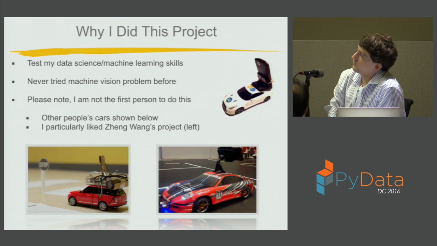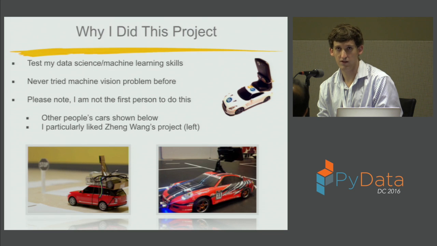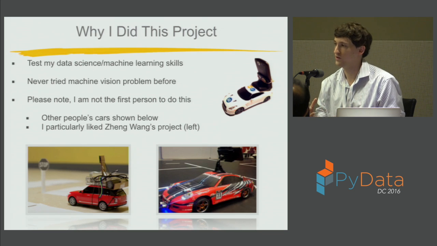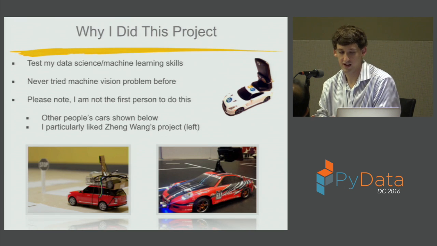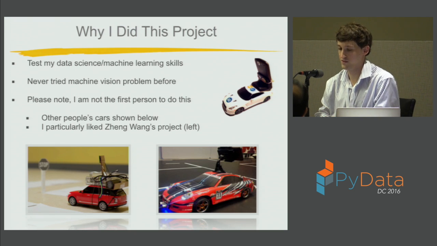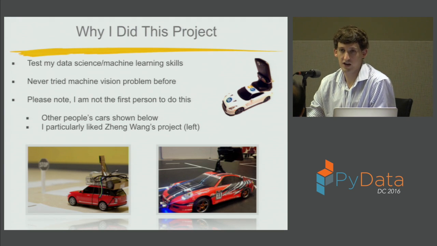Okay, so why did I do this project? I've been doing machine learning for a while now, and I don't have a lot that I can really showcase. So I wanted something really tangible, and I think the self-driving car is a great example that meets those criteria perfectly. I had never actually done any machine vision projects before.